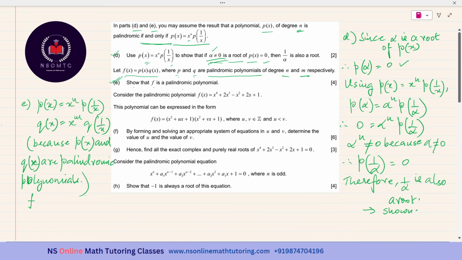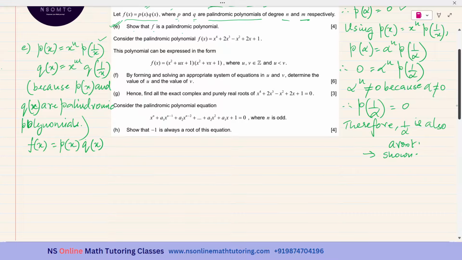f of x is equal to p of x times q of x. In place of p of x, I'll write this expression, and in place of q of x, I'll write this expression. So f of x equals x to the power of n times p of 1 over x, times x to the power of m times q of 1 over x.